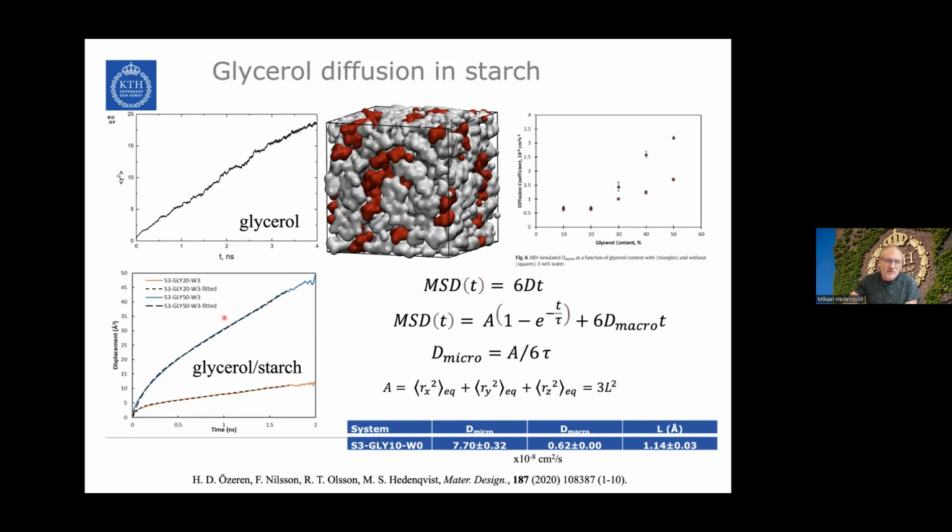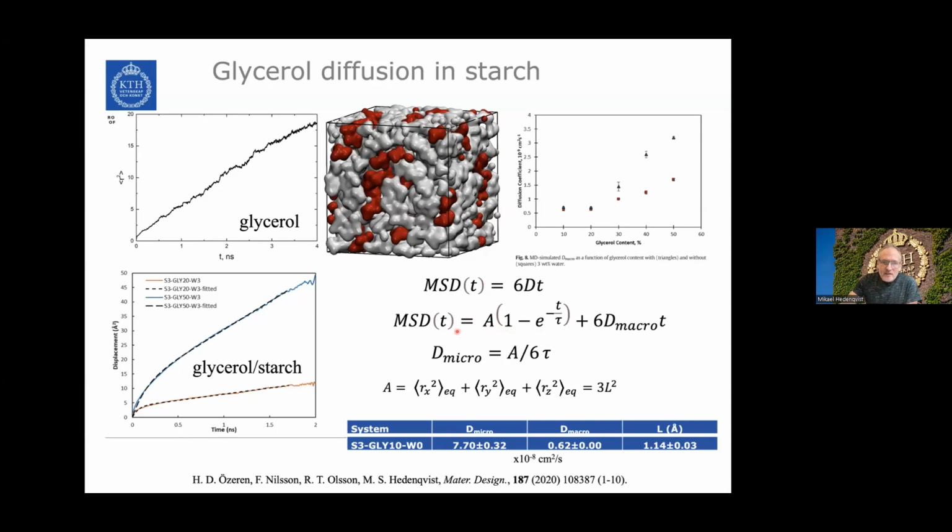These are 2 cases: this is without water, and this is with 3% water, so you see the effect of water. You can fit these curves, and MSD is the mean square displacement, what you have on the y-axis here. According to Einstein's theory, the slope of this curve should be proportional to the diffusivity of glycerol in glycerol in this upper case.